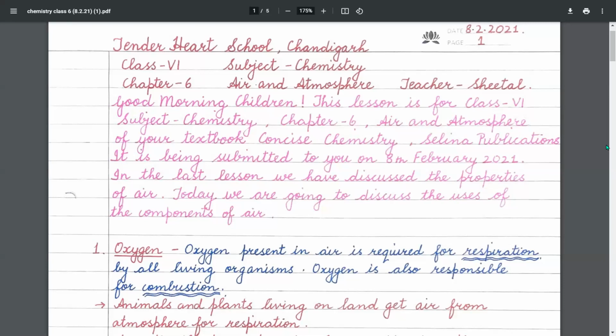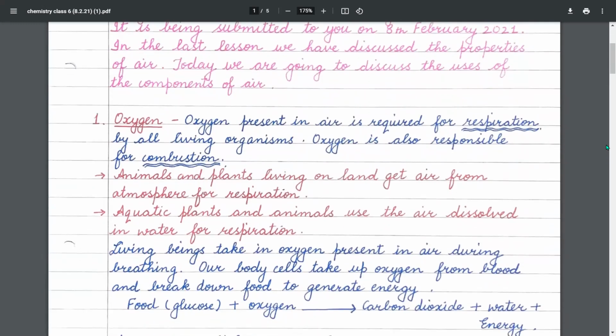In the last lesson, we have discussed the properties of air. Today, we are going to discuss the uses of the components of air. So, the first component of air that we are going to discuss is oxygen.